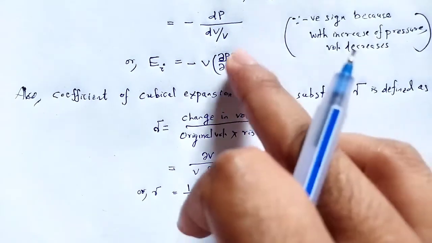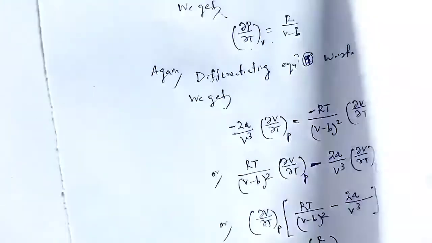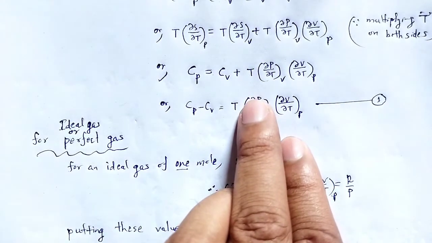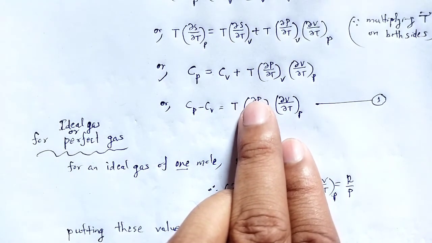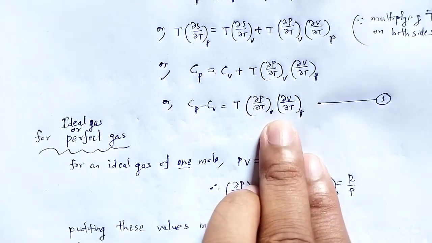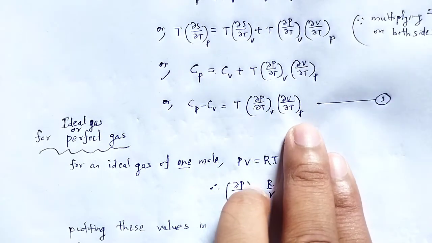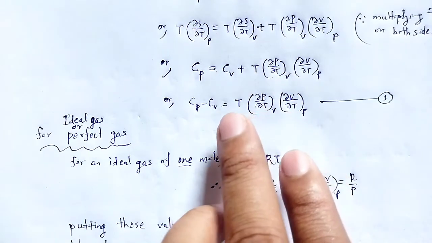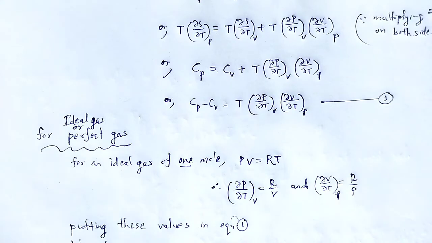Now we get del V by del P at constant temperature, del P by del T. Our task is to get del P by del T at constant volume and del V by del T at constant temperature. So how do we transform to that form? So we have to introduce the relation here.